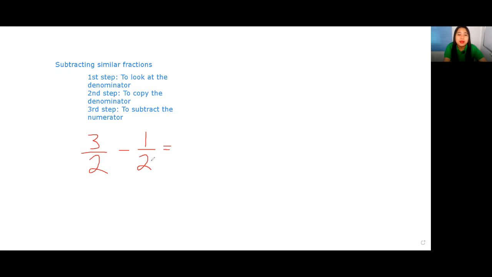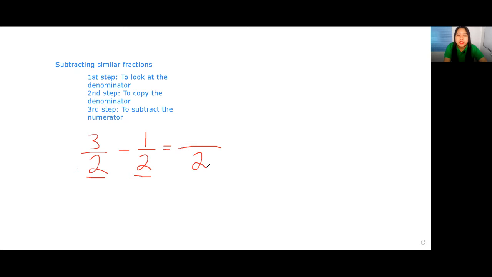So the denominators are the same because we have the same number, which is 2. So the second step is to copy the denominator. What is our denominator here? Okay, very good. So we have 2.